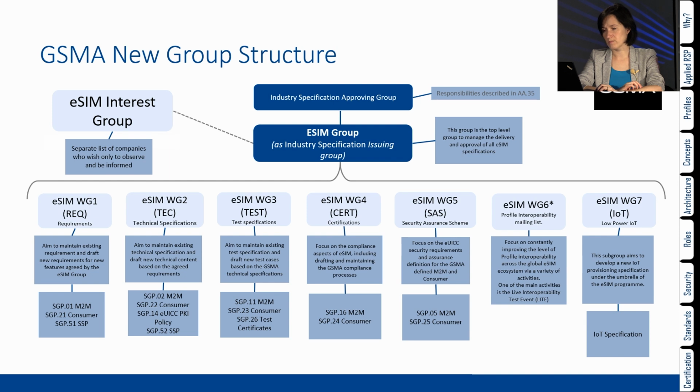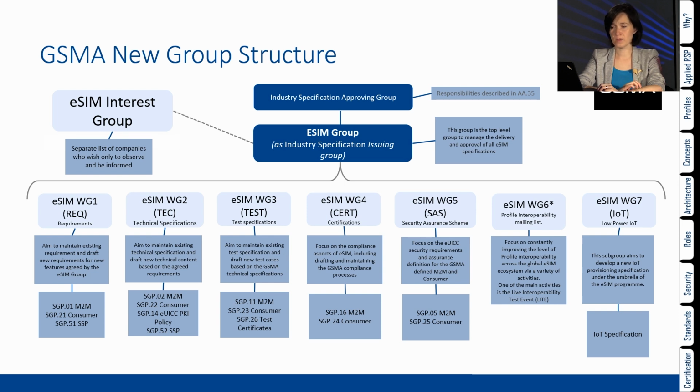We have SGP.52 for the SSP aspects, not relevant here right now. In working group 3, the responsibilities are for SGP.11, the M2M test specification, SGP.23 for the consumer devices test specification, and the test certificates defined in SGP.26.